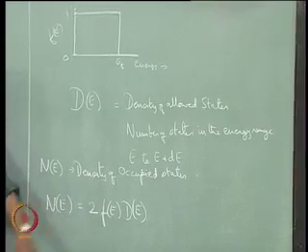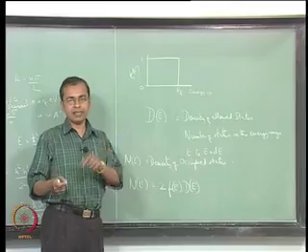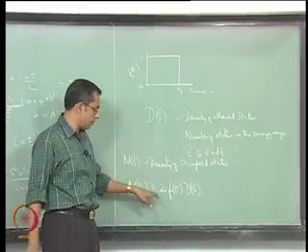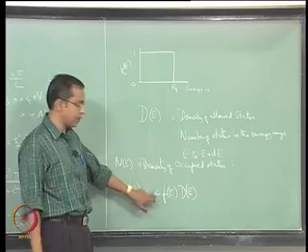This 2 factor comes from the fact that if you have not accounted for spin, then in a given state you can have a spin up and a spin down, so you can have 2 electrons per state if that is the way you have done your calculation, that is why this factor of 2 comes.